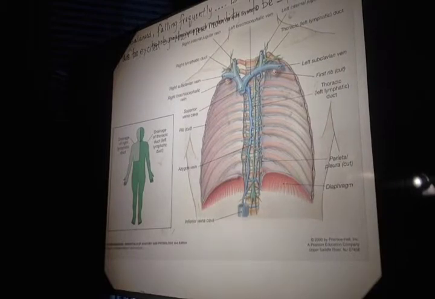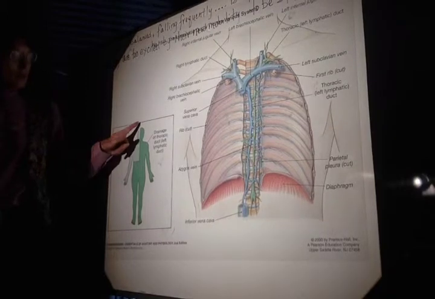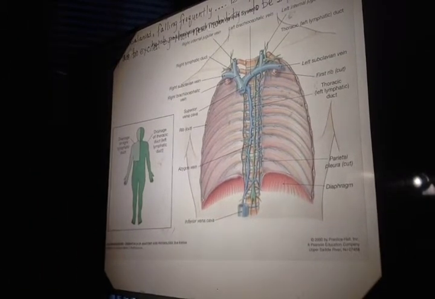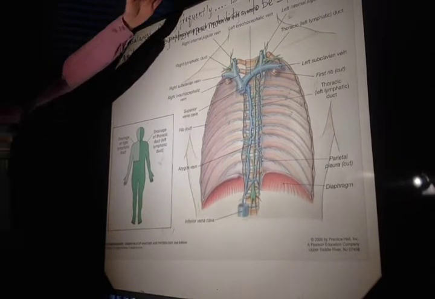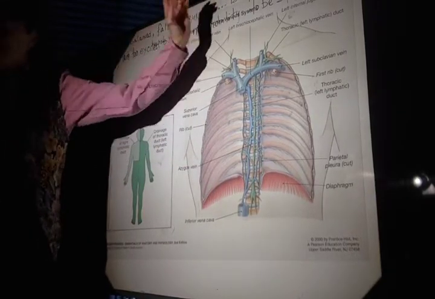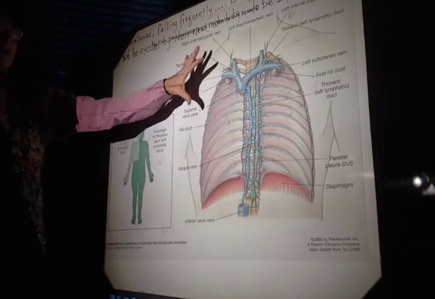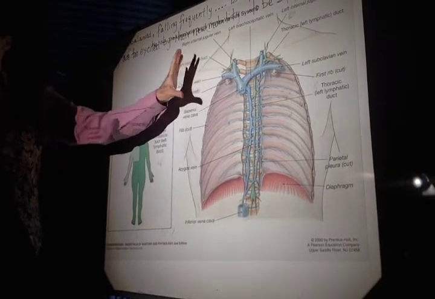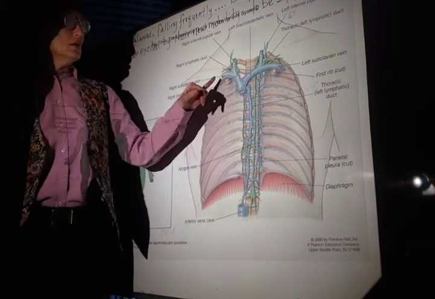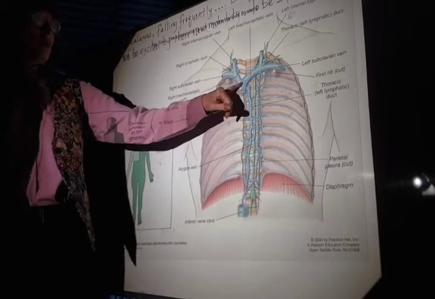Okay. All right, now, but notice this part of the body is not included in the drainage system that we just discussed. The right side of the head, the right side of the thorax, and the right arm has its own duct system that is dumped into the brachiocephalic vein right here.